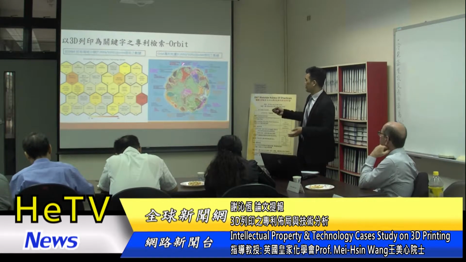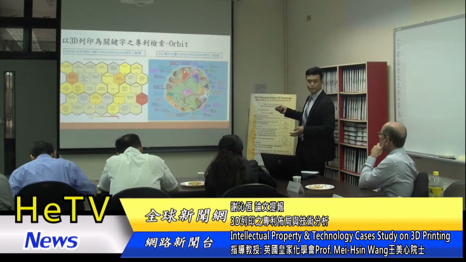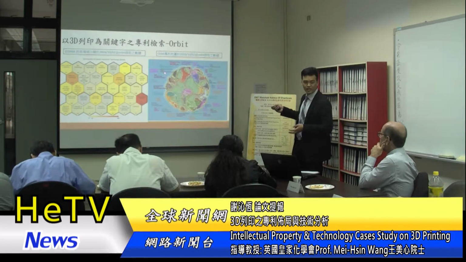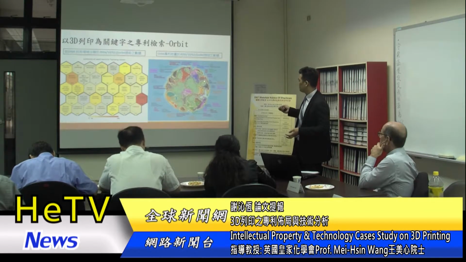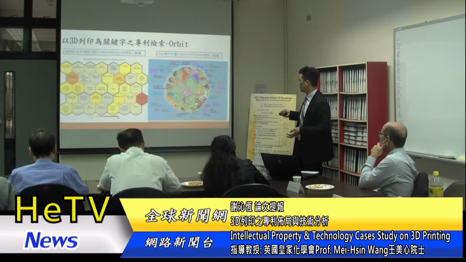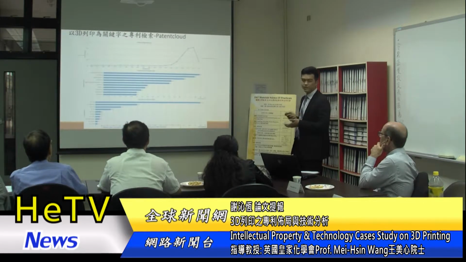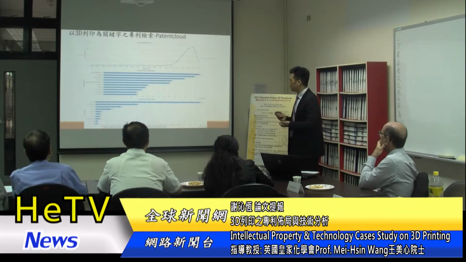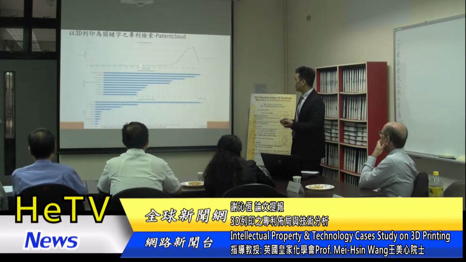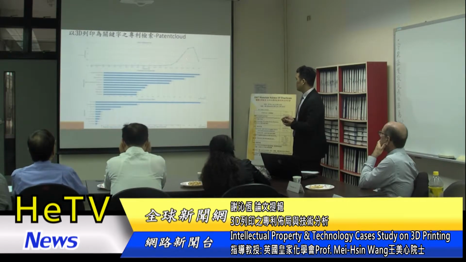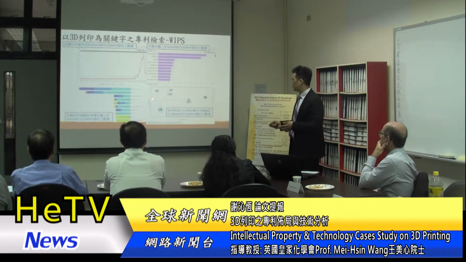And in this patent map, we can see the area up here is about microfluidic printing, about controlling the process of the printer head technique. And here is the laser part, and here is for tools, and here is for forms. Each island represents a technique of 3D printing. And with the same keywords in the patent cloud, you can see the 3D printing applications increased from 2012 to 2016.